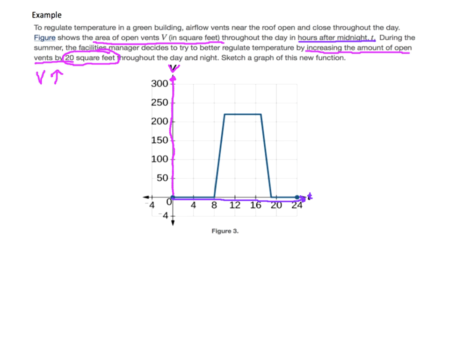So let me show you what that looks like. We have square feet of vents as a function of time of day. And when I put these together, this is an output value, a Y value.